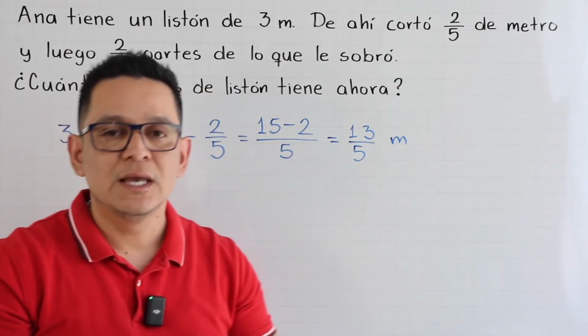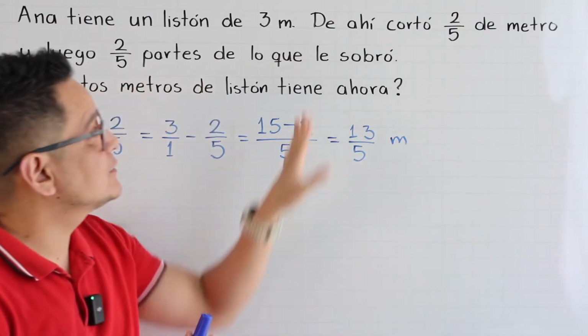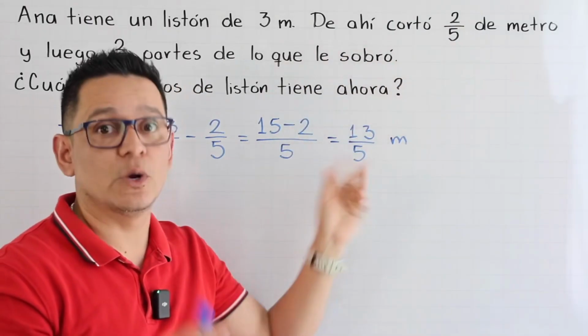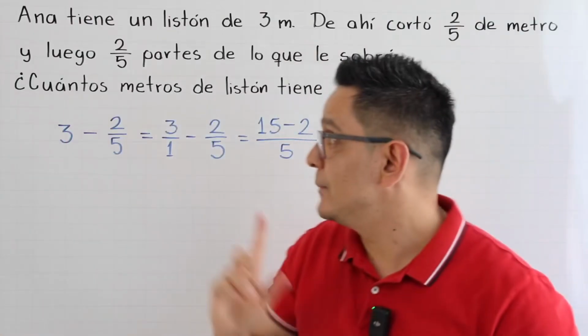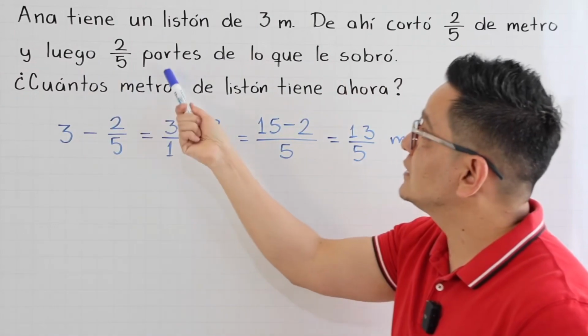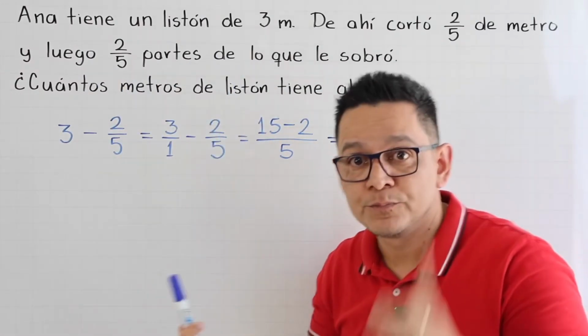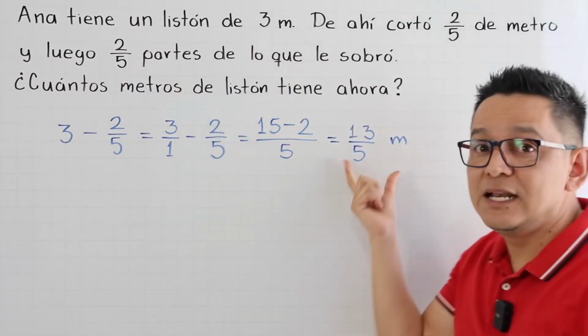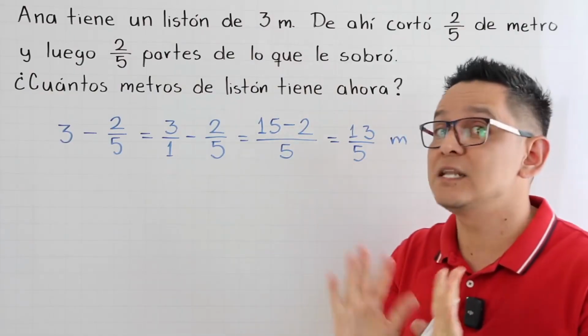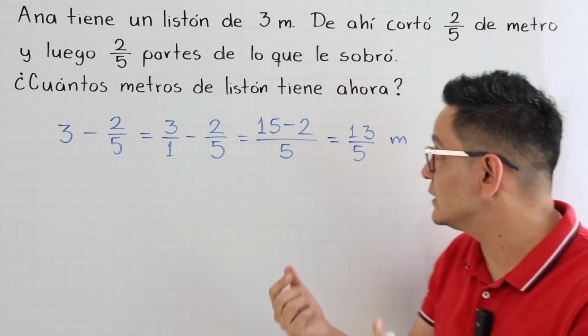Those 13/5 of a meter are what Anna had left after she cut this part, right? She has this left at the moment, but then look, it says she cut 2/5 of what she had left. So from this, we're going to take away 2/5 of this.